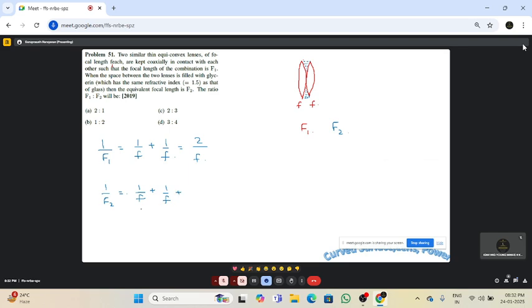Plus the glycerin. Glycerin will be mu minus 1 times 2 by R. And then there is a minus here, concave.